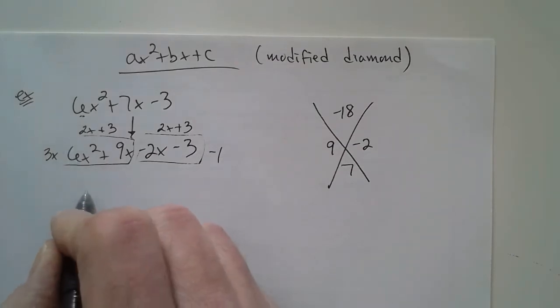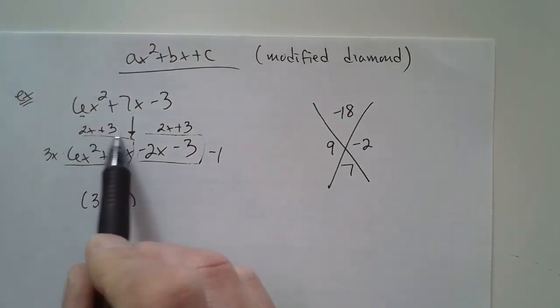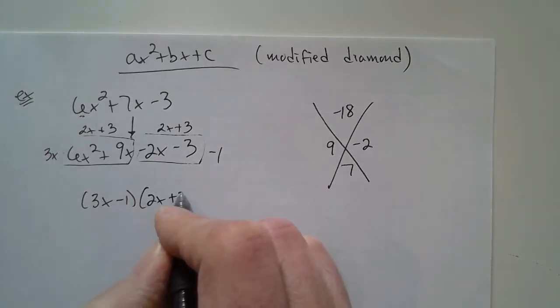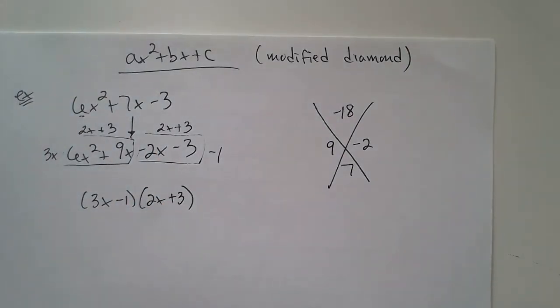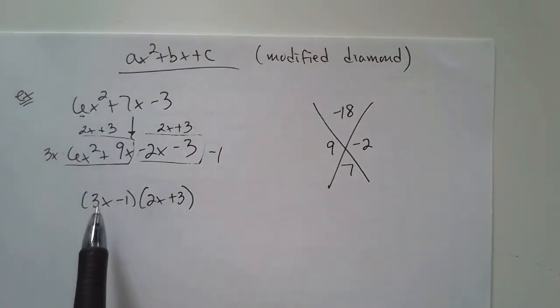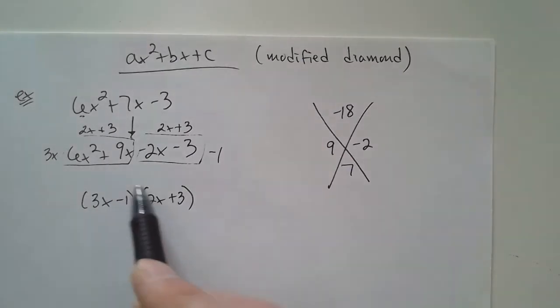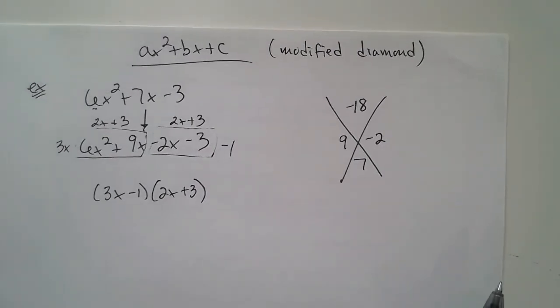So then we just have 3x minus 1 left after you take a 2x plus 3 out of each term. Okay, so this trinomial factors to be 3x minus 1 times 2x plus 3. You could FOIL this and you'll get the original. It should work.